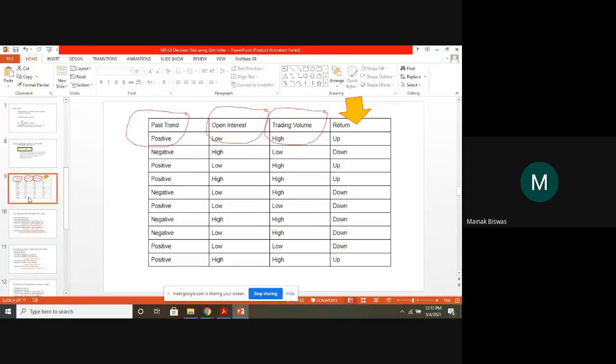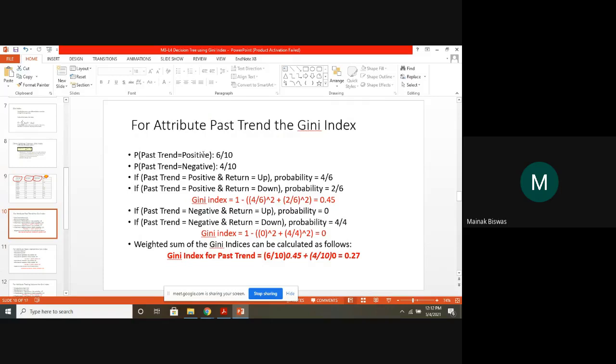For past trend, we see there is a positive and a negative class. For positive, there are certain ups and downs. For negative, there are certain ups and downs. If the past trend is positive, it is 6 by 10. If the past trend is negative, it is 4 by 10. So out of 10, there are 6 positives and 4 negatives.